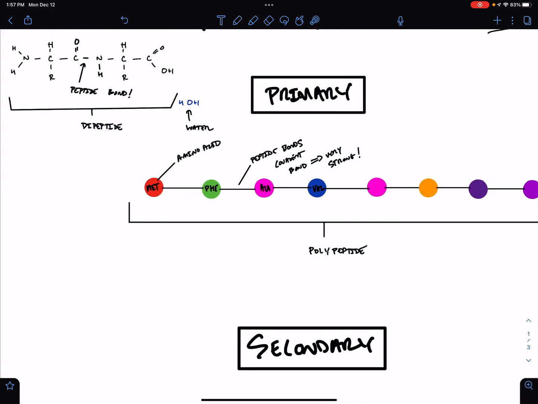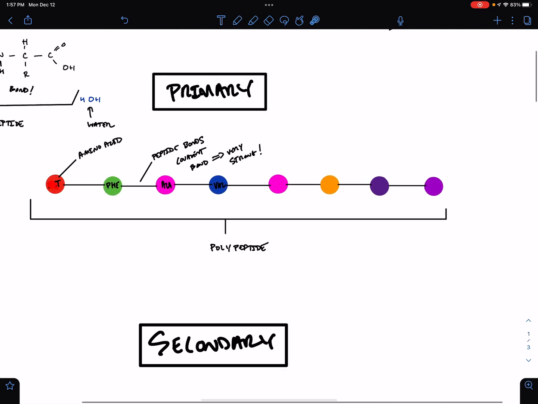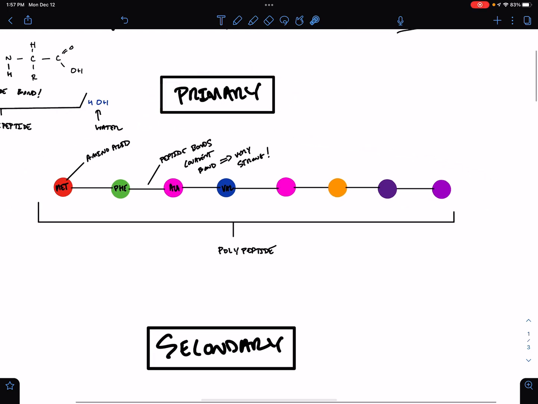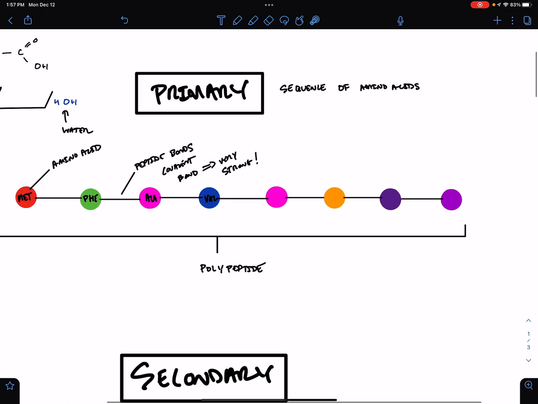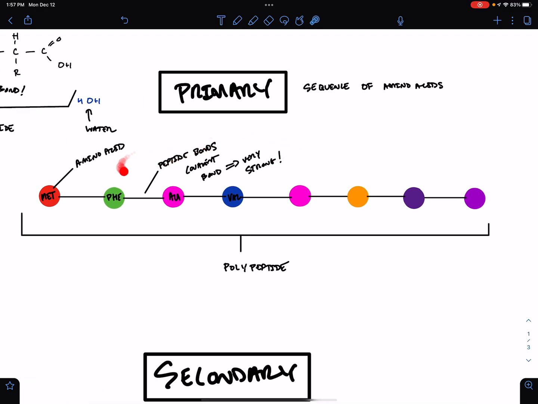The sequence of amino acids, the fact that this is methionine, followed by phenylalanine, followed by alanine, followed by valine, so on and so forth, is called the primary structure. So this is the sequence of amino acids, joined together by peptide bonds, which are covalent bonds.